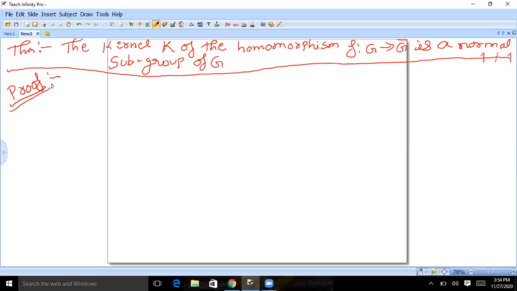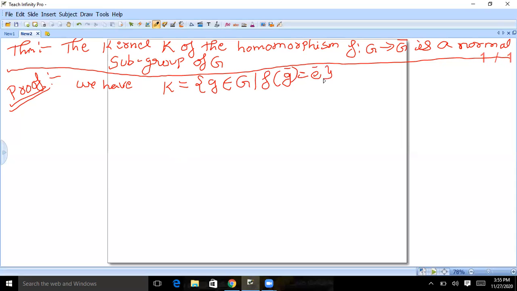Normal subgroup of G. Next, we have K is equal to g belongs to capital G such that f of g bar is equal to e bar.